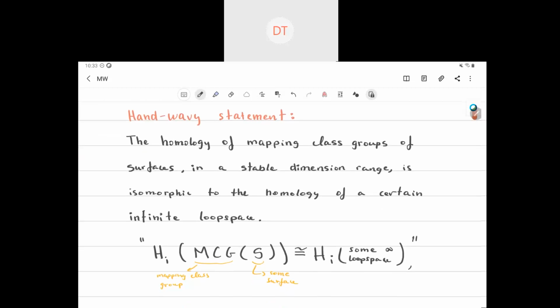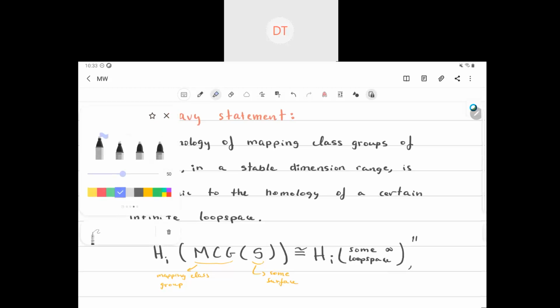All right. So this is what the theorem says. It says that the homology of mapping class groups of surfaces in a stable dimension range is isomorphic to the homology of a certain infinite loop space. Again, this is very wavy.